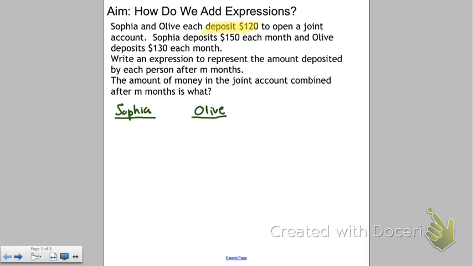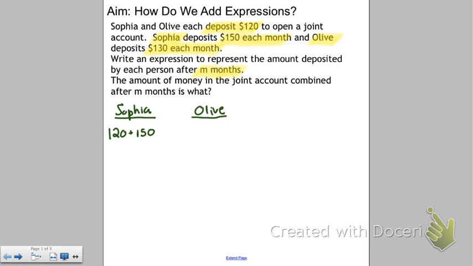Each person deposits $120. Sophia does $150 each month. Olive does $130 each month. So that means Sophia starts with $120 plus the $150 that she does each month.